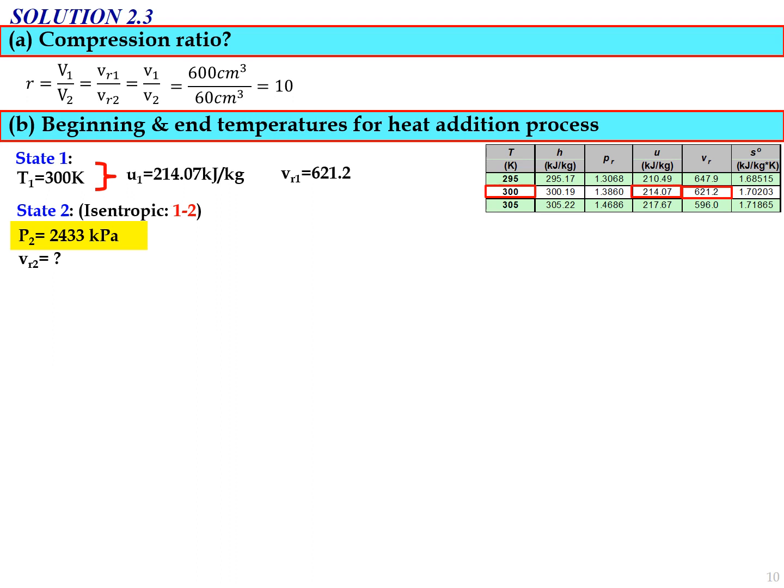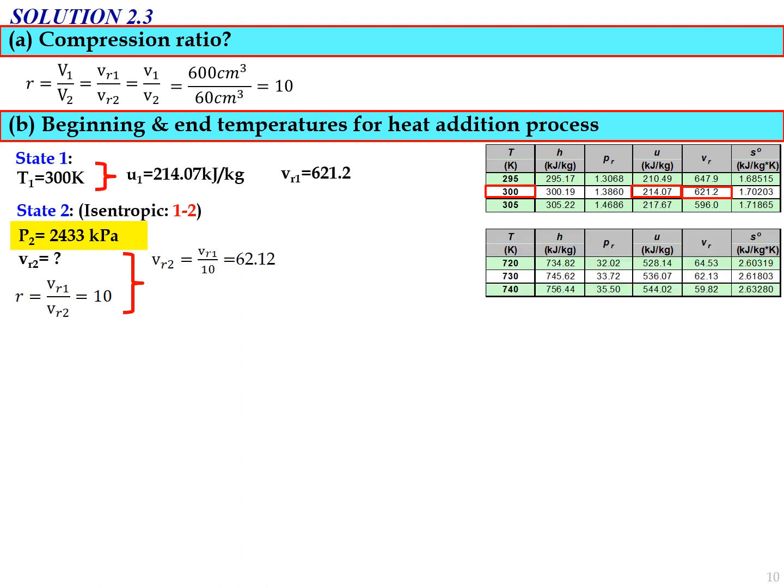For Vr2, we can use the value of Vr1 and the compression ratio that we obtained in question A. We know that the compression ratio r is equal to Vr1 divided by Vr2, equal to 10. Rearranging the equation, Vr2 is equal to Vr1 divided by 10, equal to 62.12.